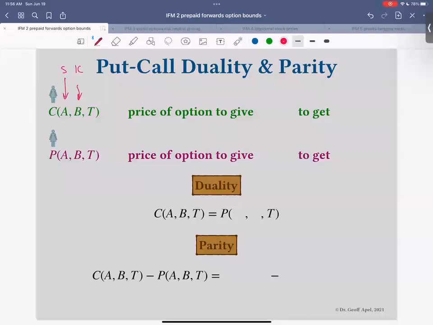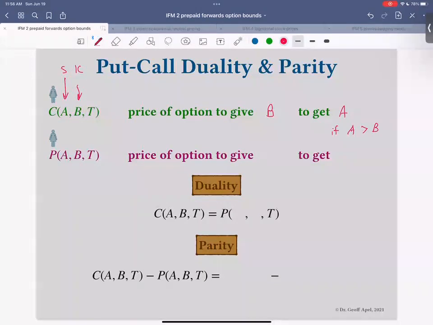So we would give B to get A, the stock, if it's a stock and a strike. And that's when the stock A would be more than the strike.